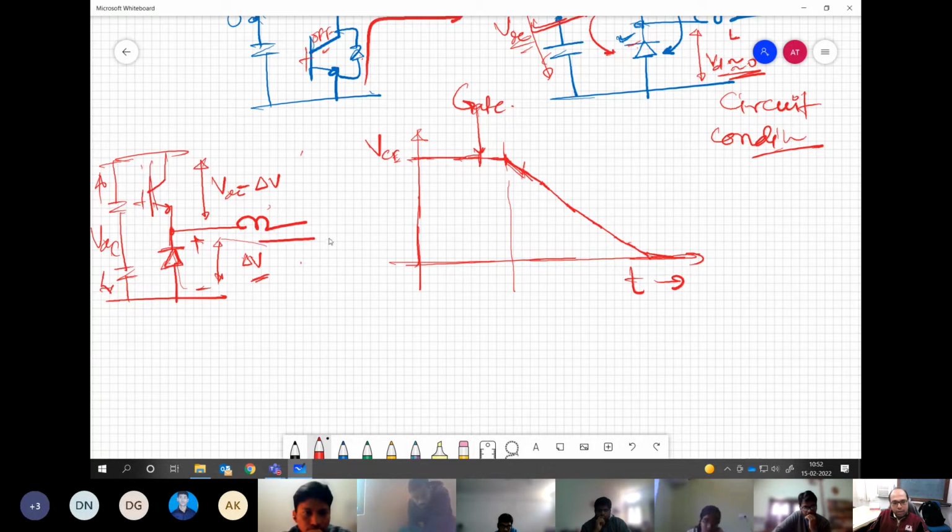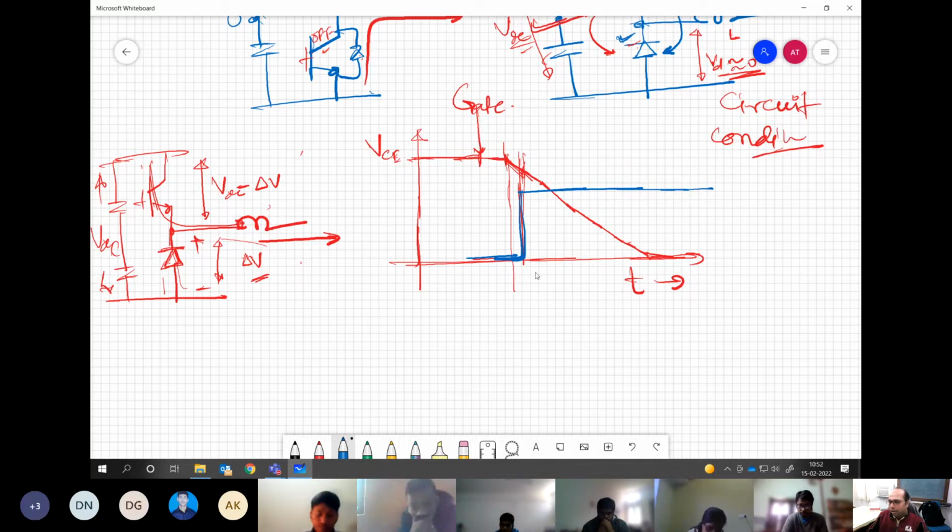I am talking about this direction of current. So instead of going through this, it will start flowing through this. So here we will see that there will be a sudden jump in current. I'll draw in blue color. Sudden, almost steep rise in current, and it will start flowing through the device. And the voltage will keep falling in its natural way.